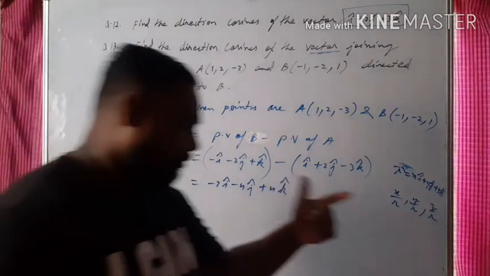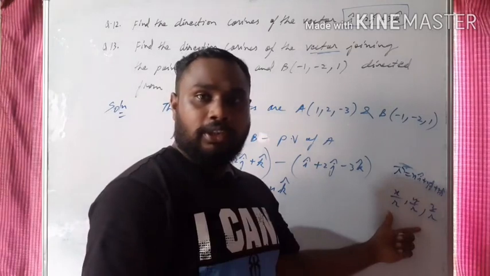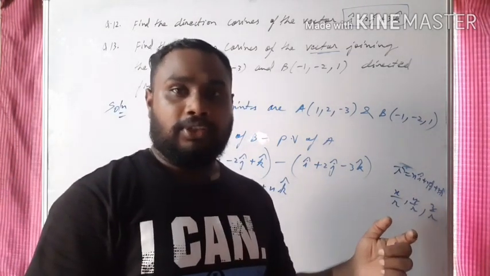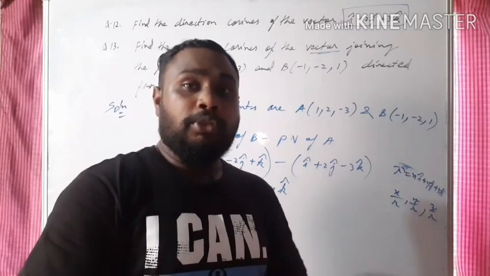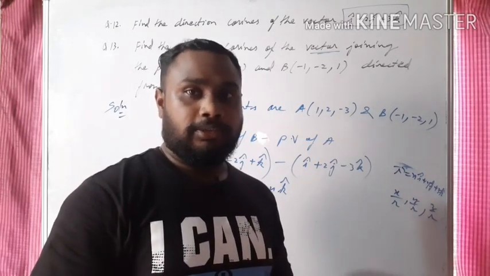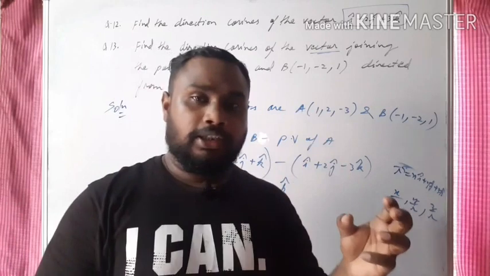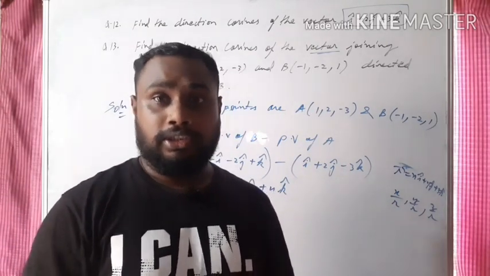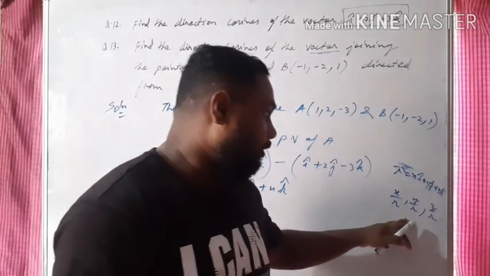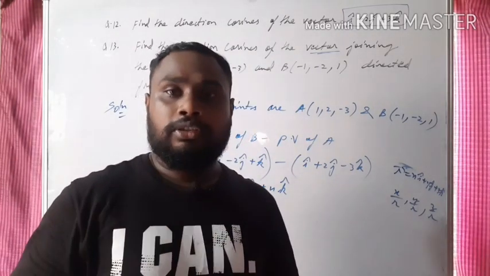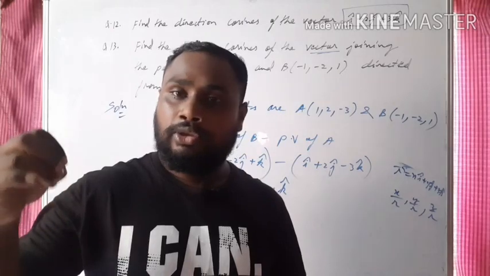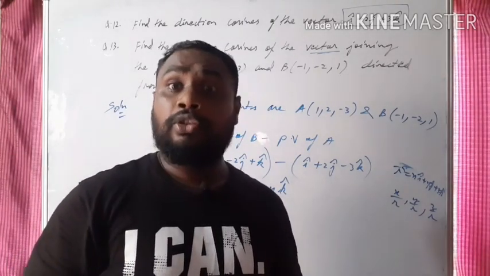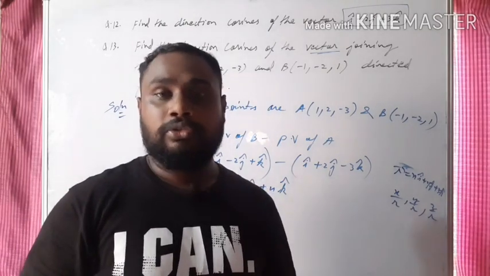So the i component, j component and k component, each divided by the magnitude, give the direction cosines. Or you can first find the unit vector, and the components of the unit vector will be the direction cosines.